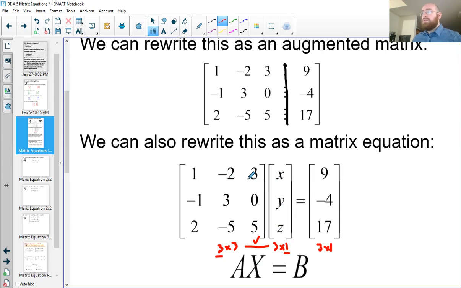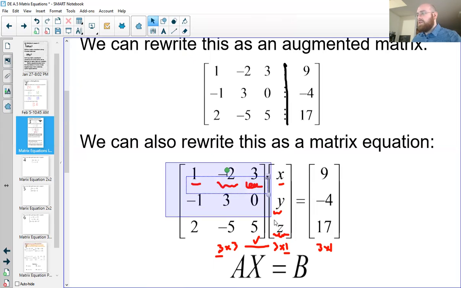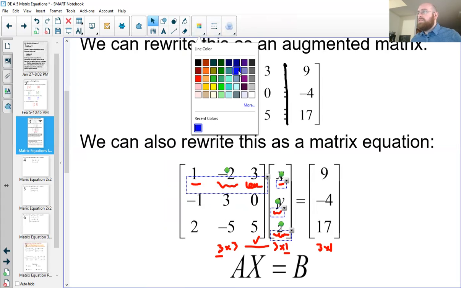When we multiply, we're multiplying pairwise our first, our second, and our third components. Ideally, I probably should have done these in different colors, just to differentiate it better.